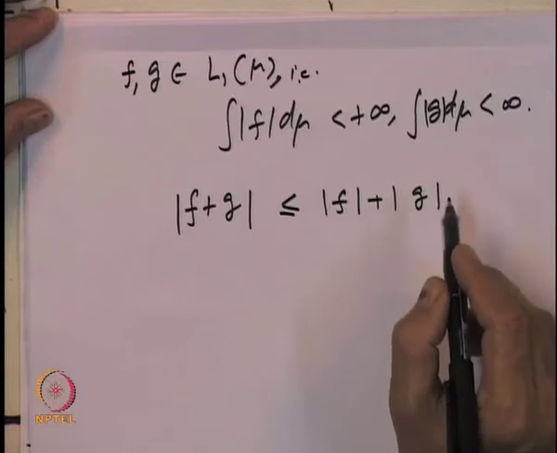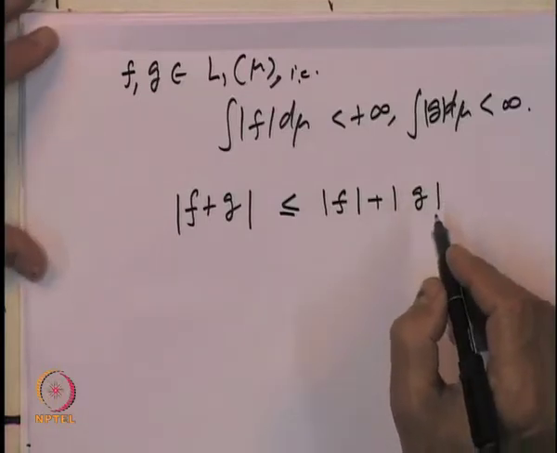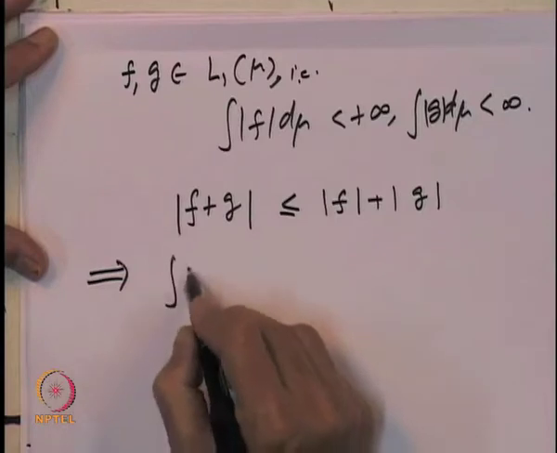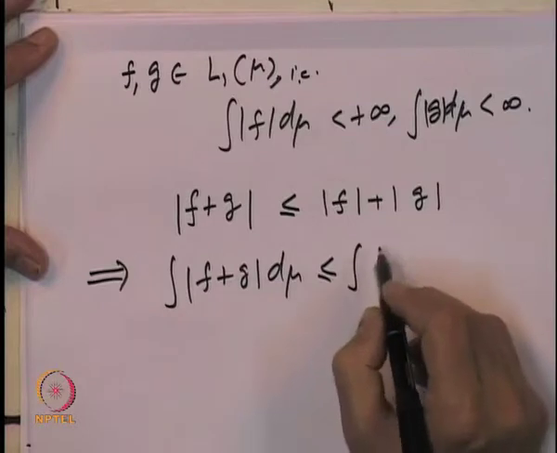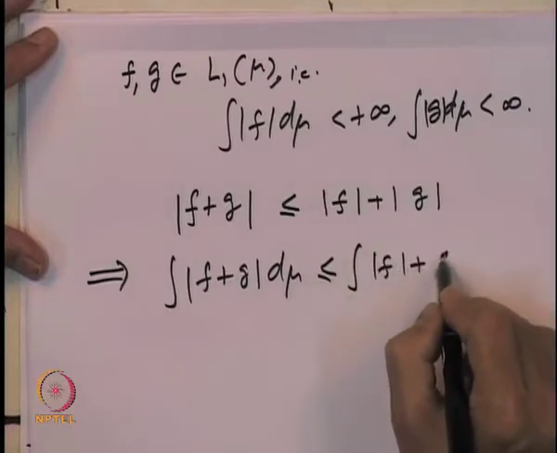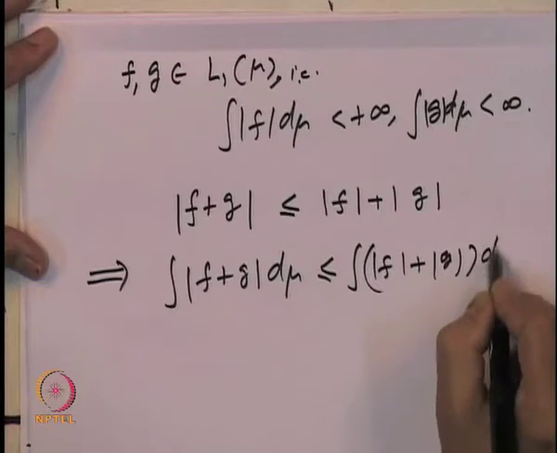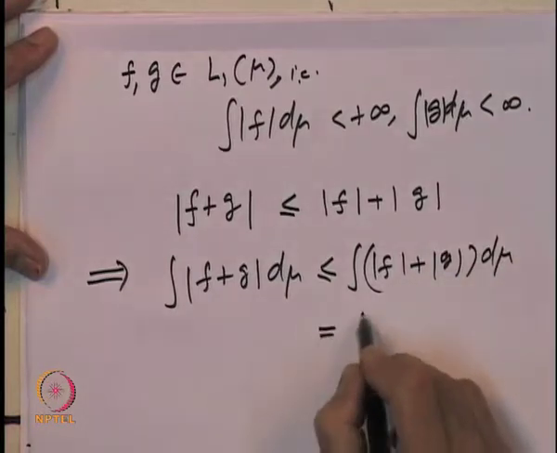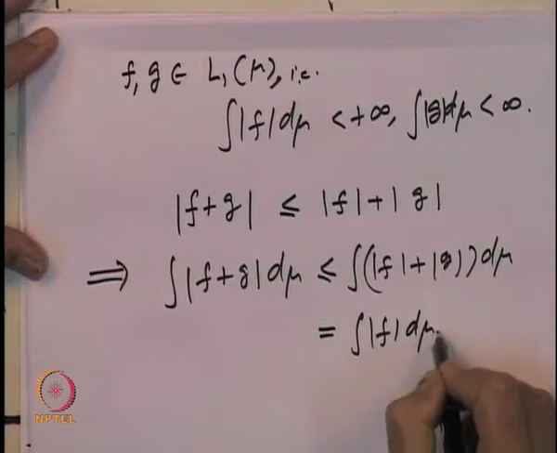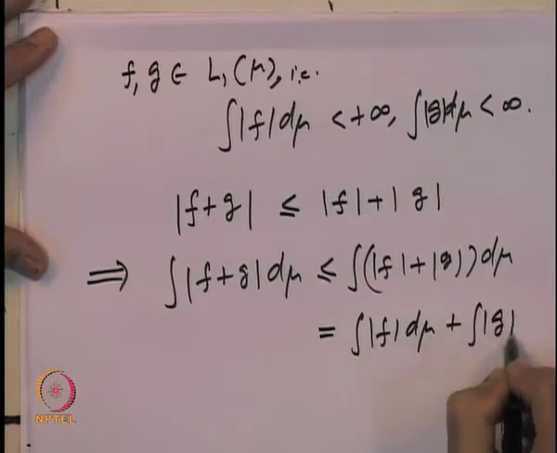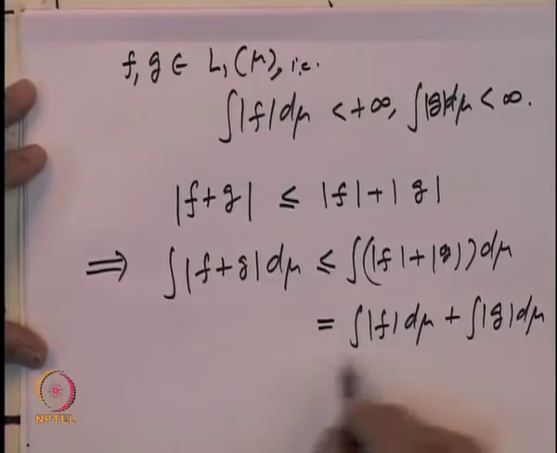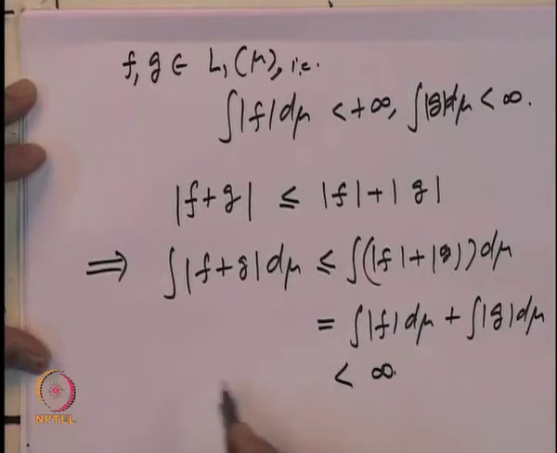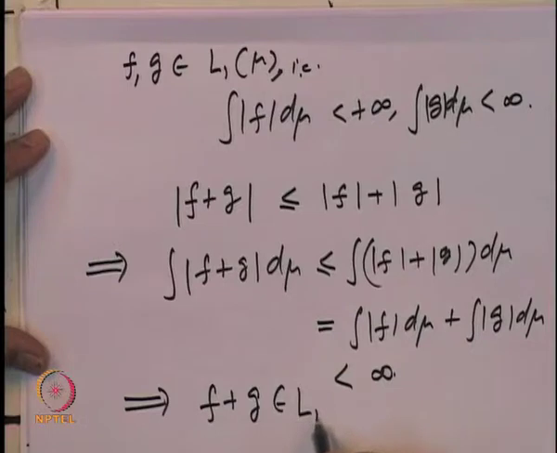So, using the property of the integral for non-negative measurable functions, this implies that the integral of |f plus g| dμ is less than or equal to the integral of |f| plus |g| dμ, and by linearity that is the same as the integral of |f| dμ plus the integral of |g| dμ, and we are given that both of them are finite. So, this is finite, which implies that f plus g is integrable.